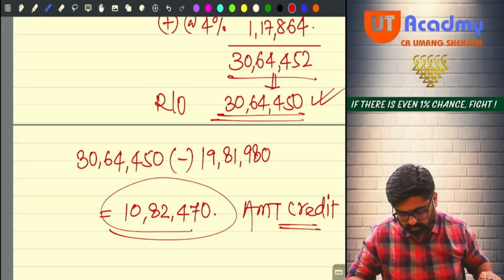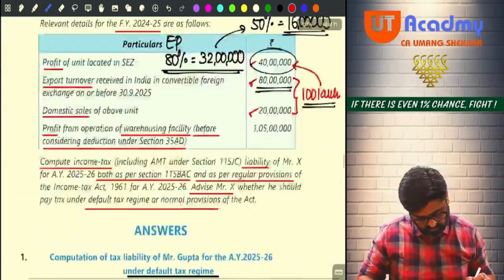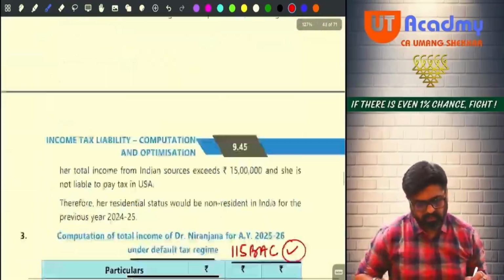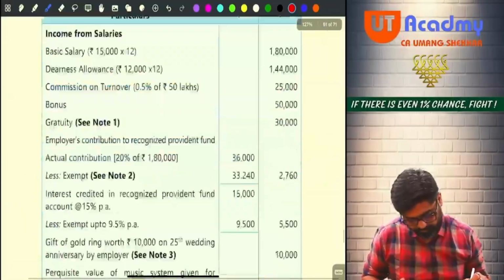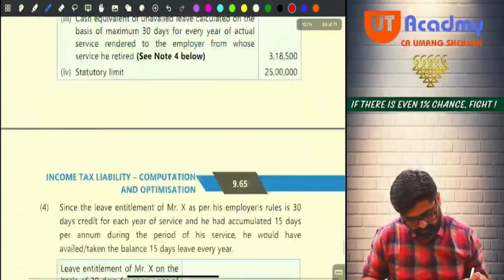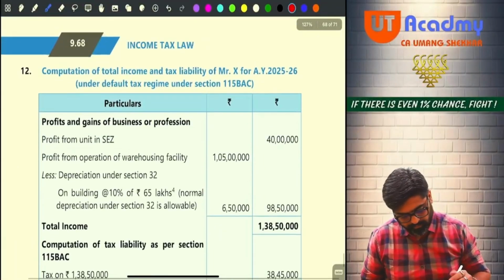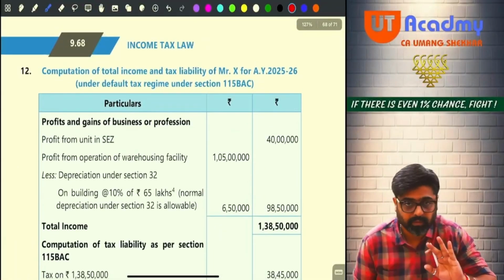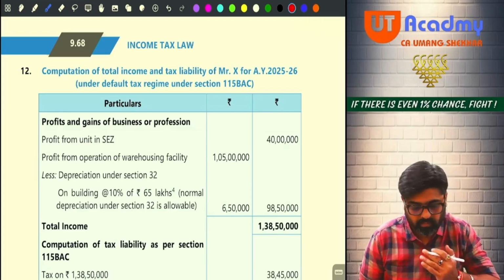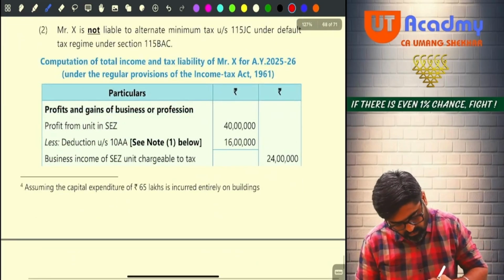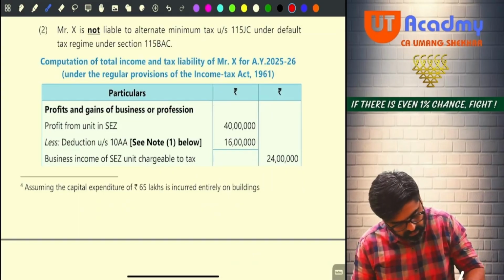Now let's check the solution. Question number 12, no? Last question. See, first of all, what we have done, we have so far followed the regular provisions.